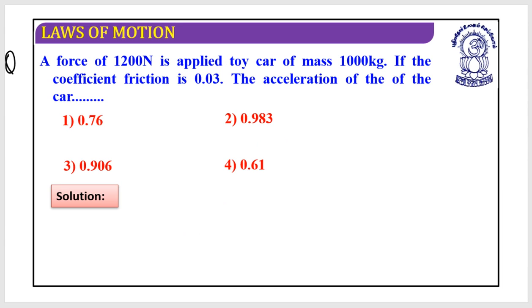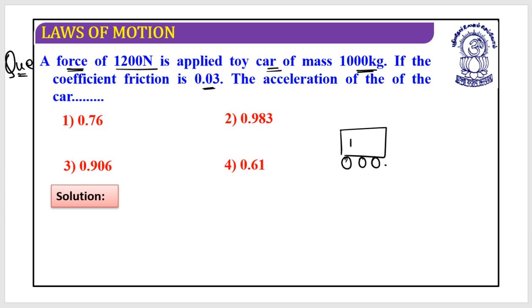What does it say? It says a force of 1200 Newton is applied on a toy car of mass 1000 kg. If the coefficient of friction is 0.03, then find the acceleration of the car.